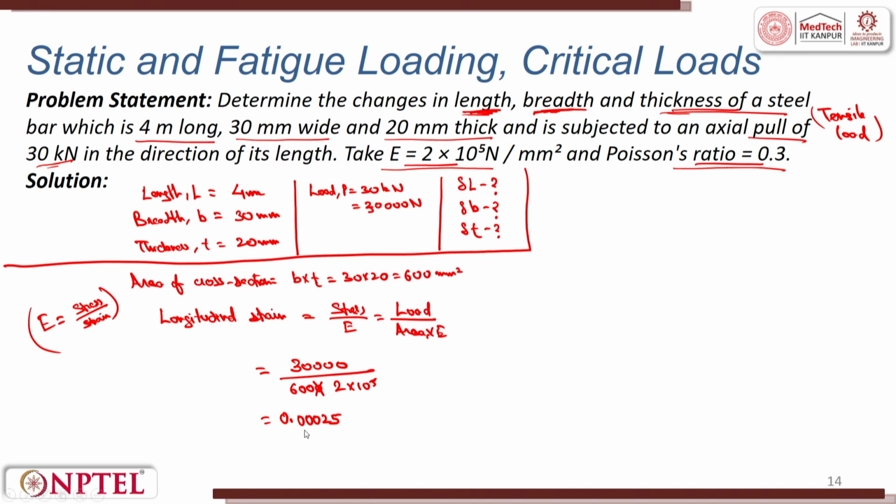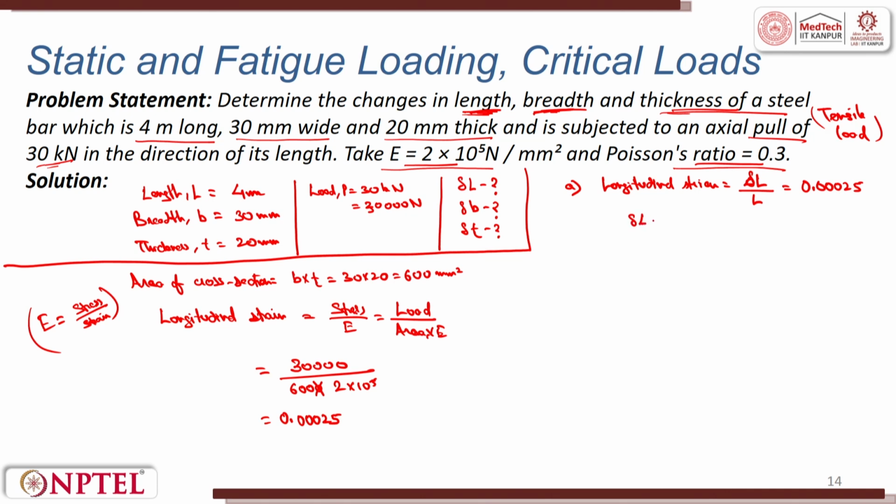What is longitudinal strain? Put it as part A. Longitudinal strain is equal to change in length, delta L by L, which is equal to 0.00025.